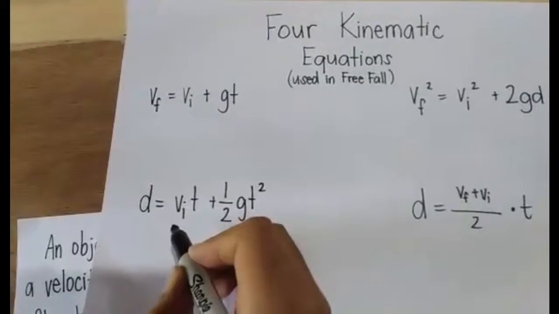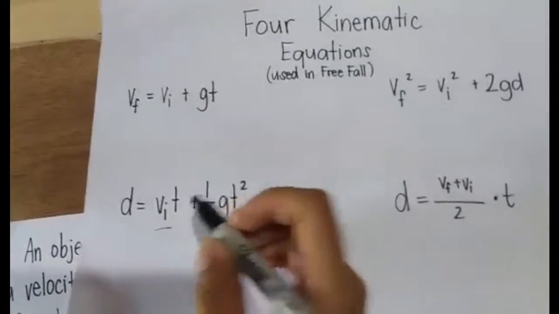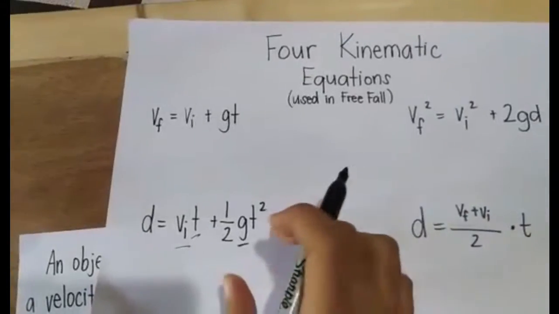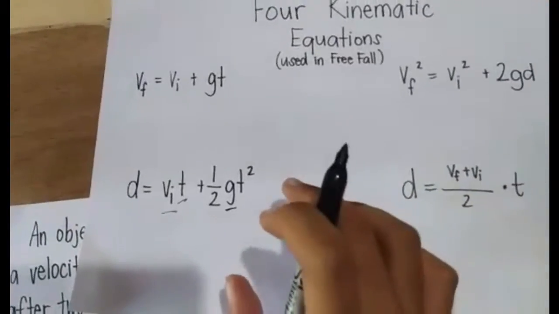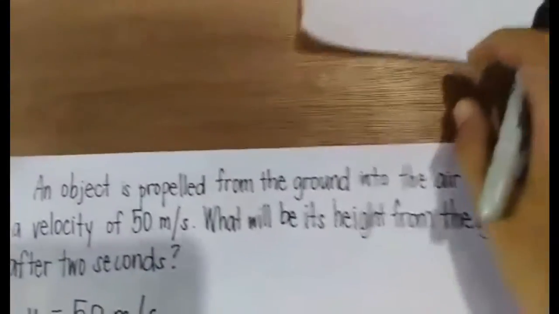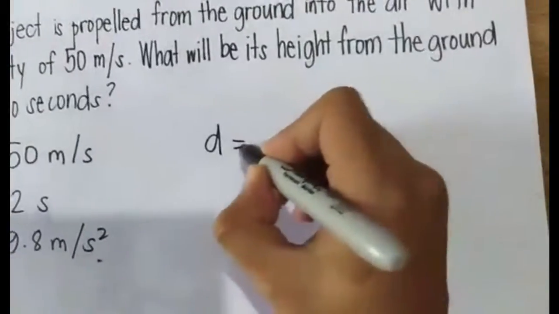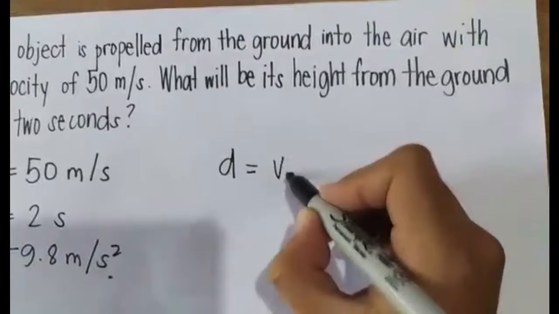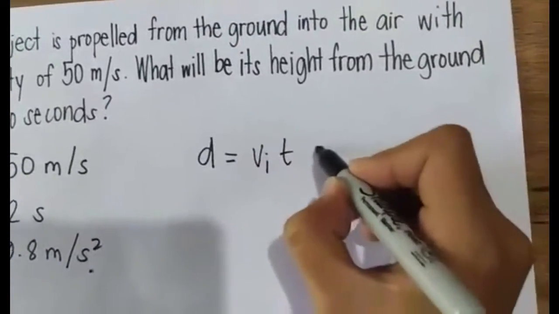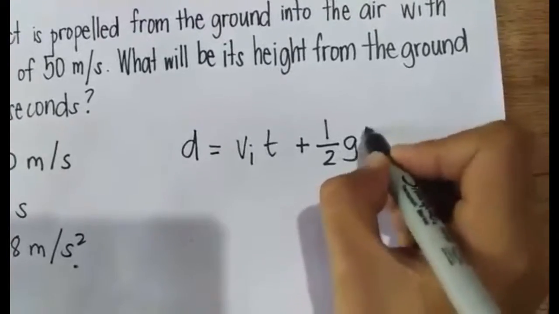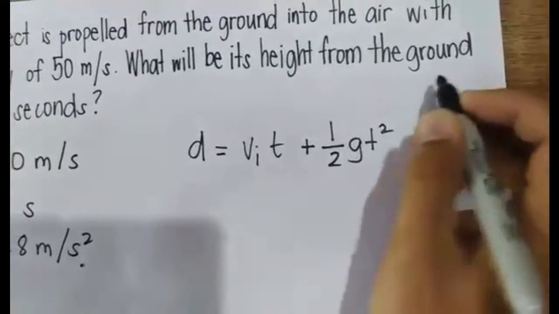In this equation, we have initial velocity, we have t, and we have g, meaning this formula would be the most suitable for our problem. So writing down, we have d is equal to initial velocity times time plus 1/2 gt squared.